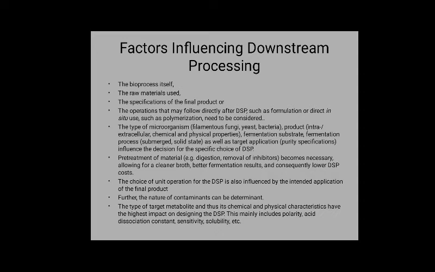All those factors will affect the downstream processing. Then another factor is the raw material that was being used, that is, the substrate on which the microbes will grow. That raw material also determines the choice of the downstream process.